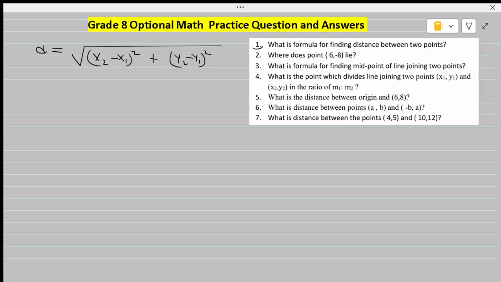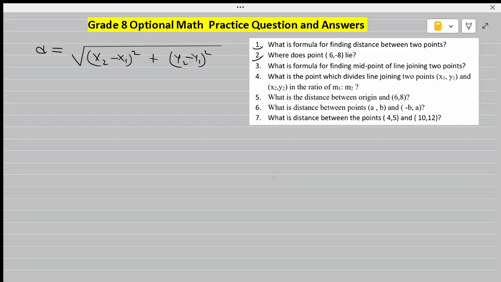So we take the sum of the square of the difference of x and the square of the difference of y, and we find their square root. That is the formula for finding the distance between any two given points. Number 1.